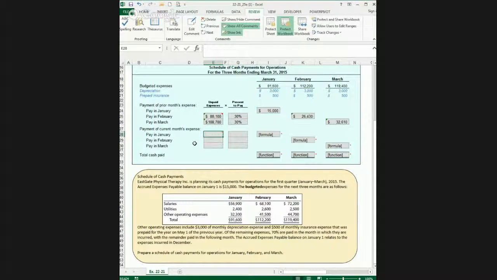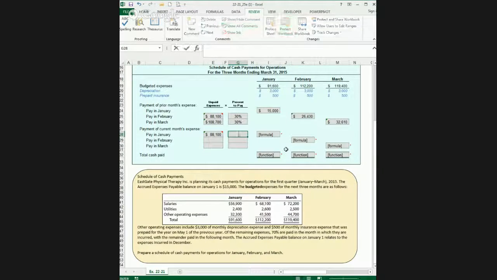For the month of January, it would be very similar to what we have done up here. We would take the total January expenses less those expenses that would not entail the use of cash. That would be the sum of depreciation and insurance. See the result, and you can see it's the same amount that we had in the first schedule.